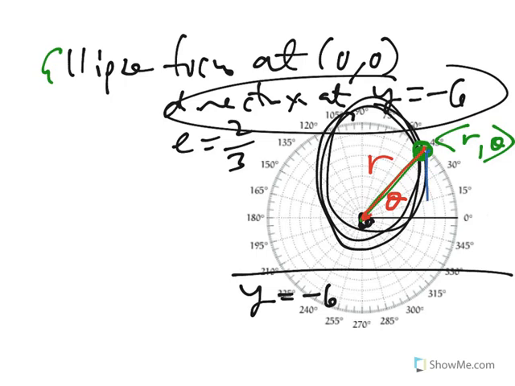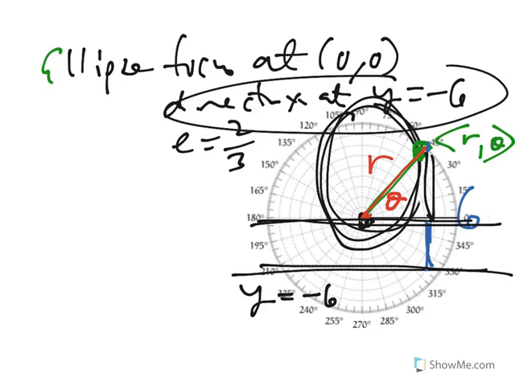Now, this blue line has length 6. Oops, sorry, I made a mistake. That line's not 6. Just that piece of the line is 6, because this is the x-axis, and here's y equals negative 6. Sorry about that. So that's 6.